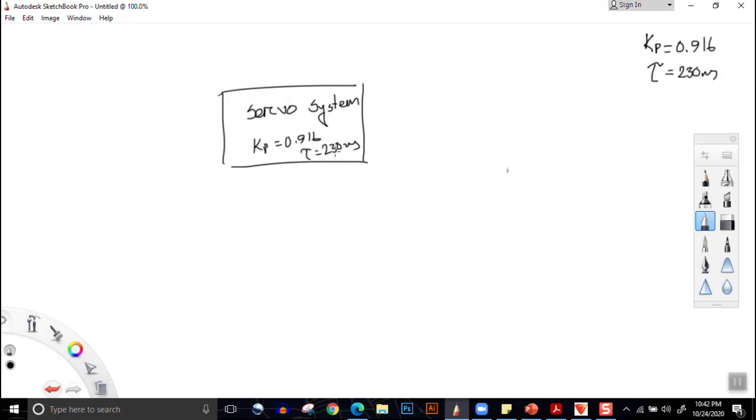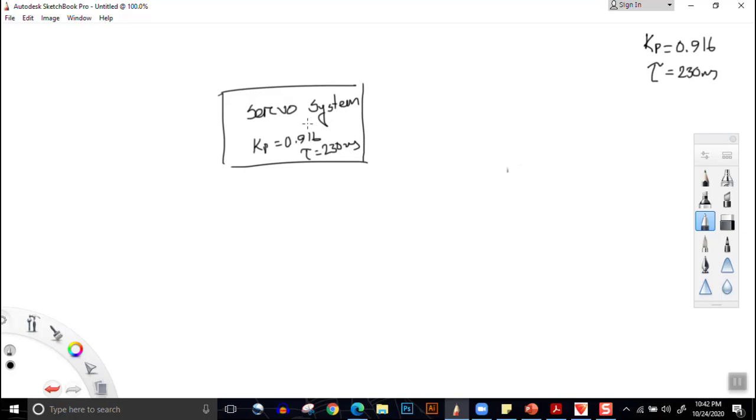One thing is to be noted that, as I said, by modeling we mean attaining a way using which we can define the response mathematically. What do I mean by this? If you put a sine wave as an input, or if you put a step as an input, you get a response that can be defined by both Kp and tau.